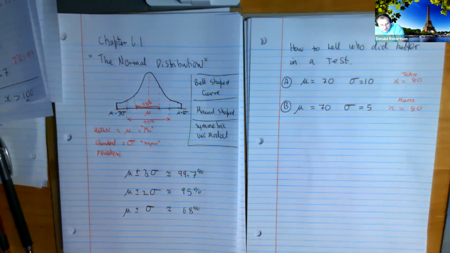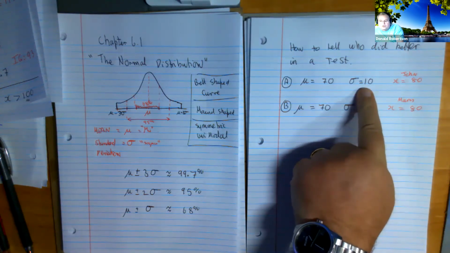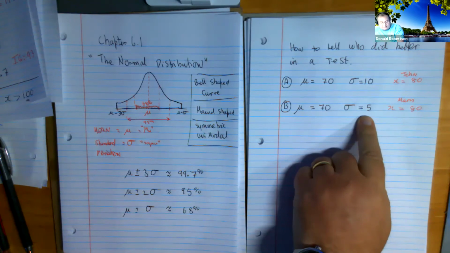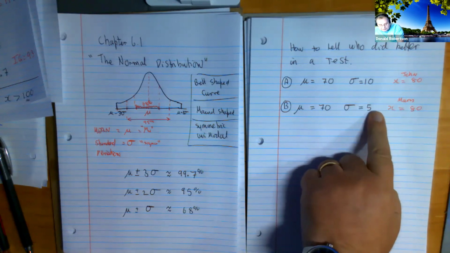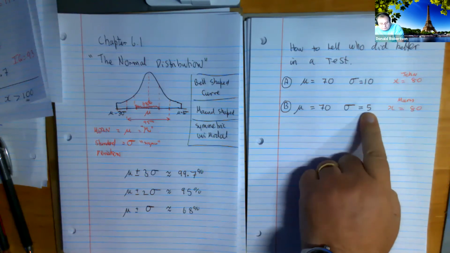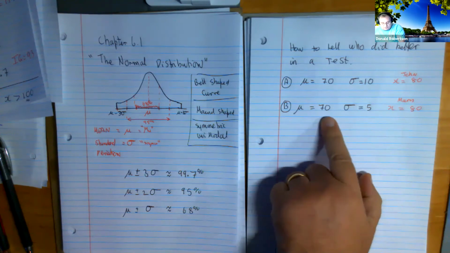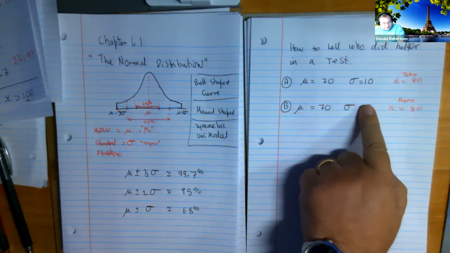And Mary said, no, that's not quite the way it really is. Your class has a lot more variation than my class. It's much harder in my class to get really big scores in the test, or for that matter, even small scores, because the standard deviation is half the size of yours.